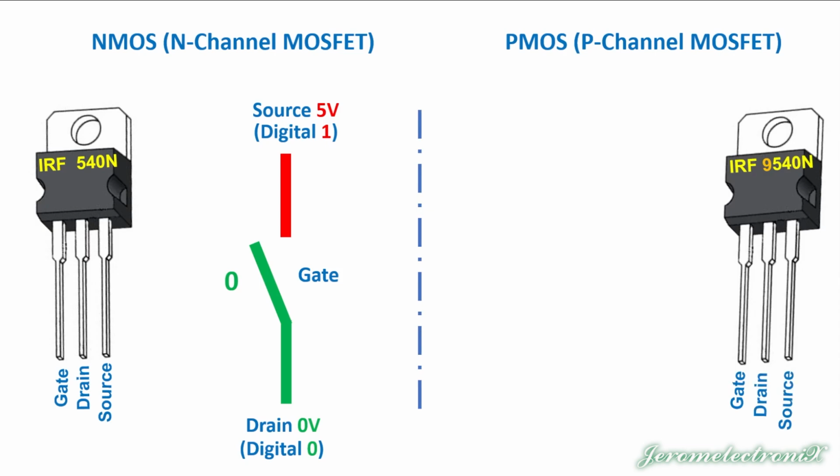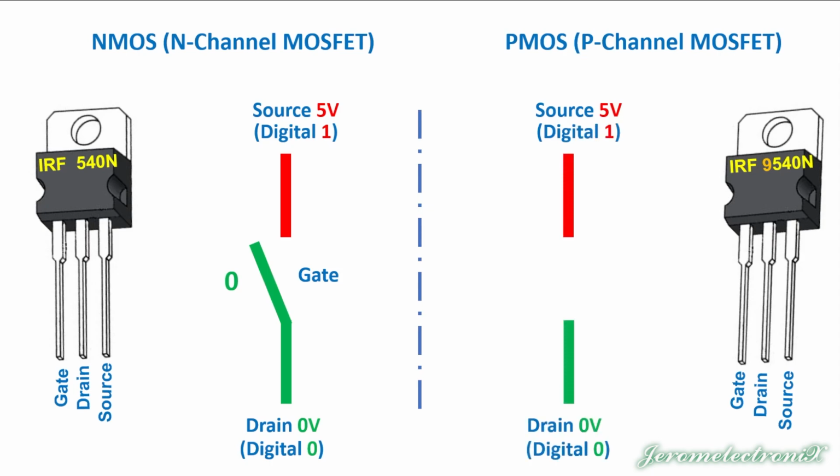It's got a gate, drain, source all in the same positions. It's got the 5 volts digital 1 and 0 volts digital 0, and its gate is normally closed. Normally it allows the flow to pass from the source to the drain. A 0 does the opposite thing. In NMOS, it breaks the flow.